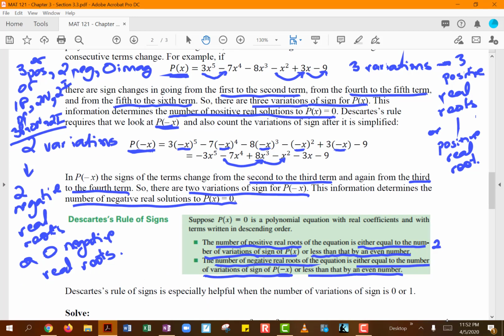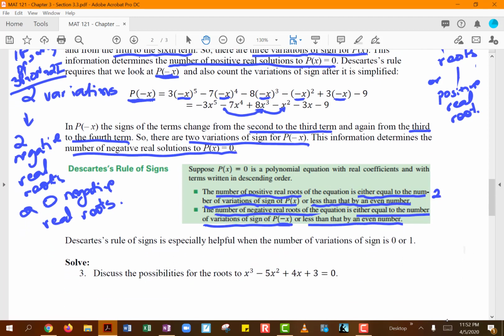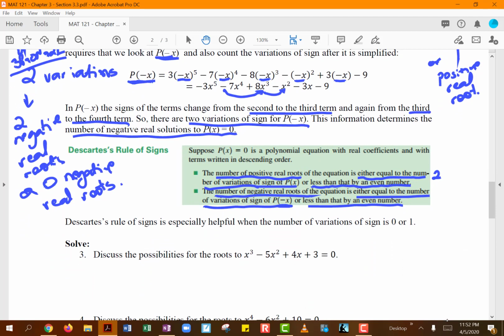Let's look at a proper example so that I can show you how this rule works. Remember, start by calculating how many times the sign changes in your original polynomial, or by using p of negative x, like we did in the example I just showed you.